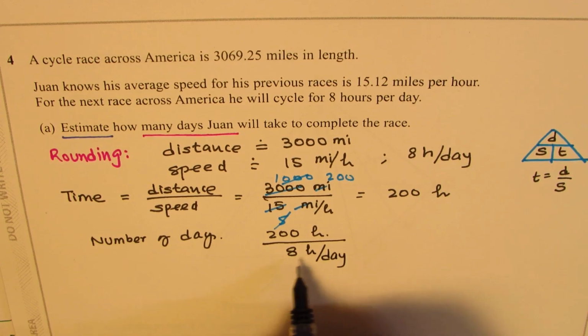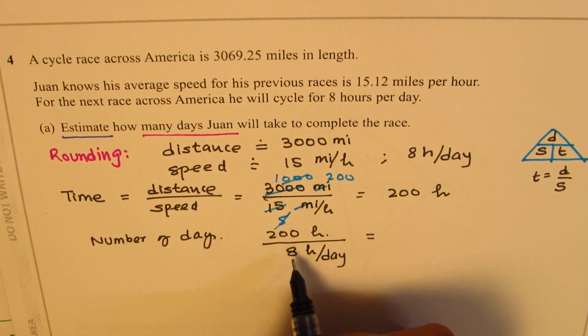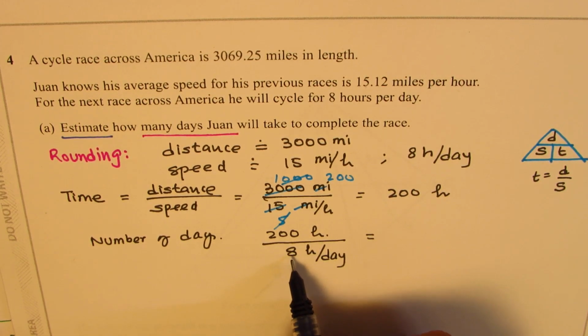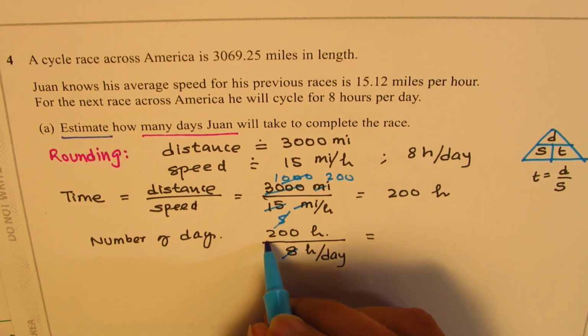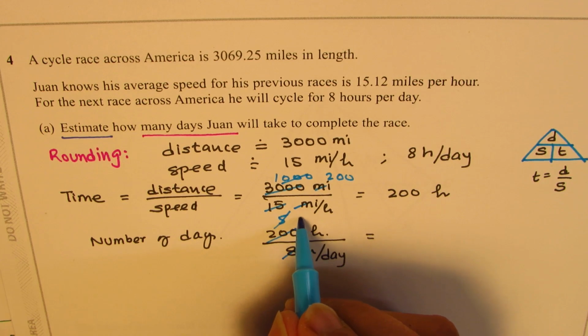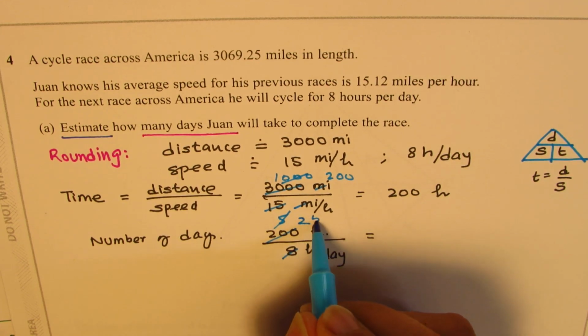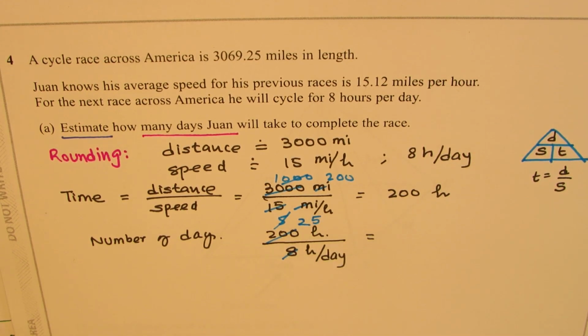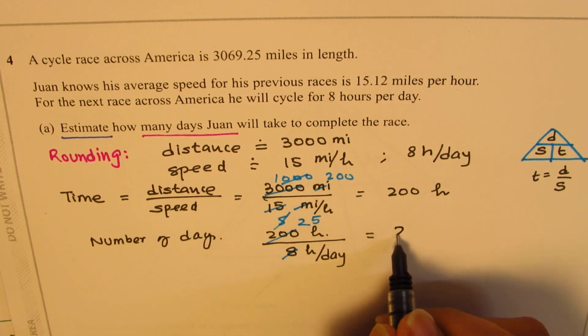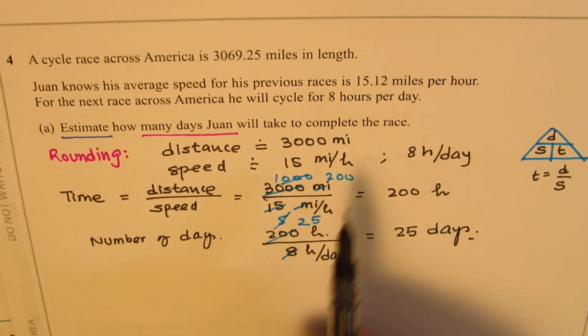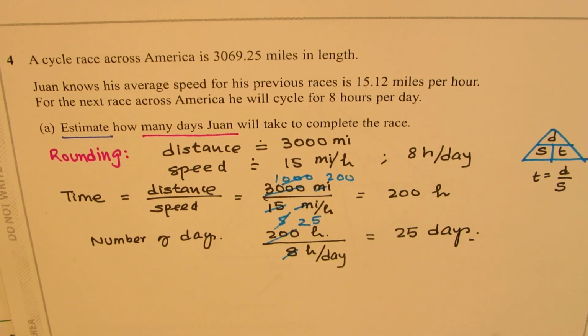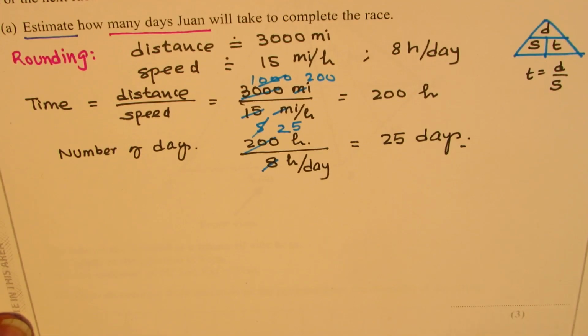Is that clear? Dividing by 8, 8 times 2 is 16 and 5, 25. Correct? So we get 25 days. So that is the estimate, right? So we can write here our estimate as 25 days.